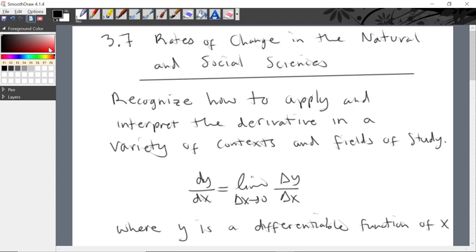If it's a constant rate of change, then it's simply just a linear model, and you could calculate the change in y over change in x between any two data points, and it would be exactly the same. The derivative becomes useful when that rate of change is not necessarily constant, though. So we'll be looking at some applications here and some interpretations of that derivative.